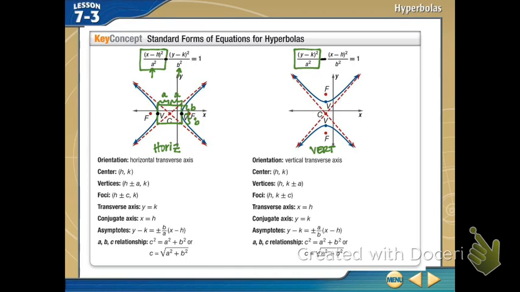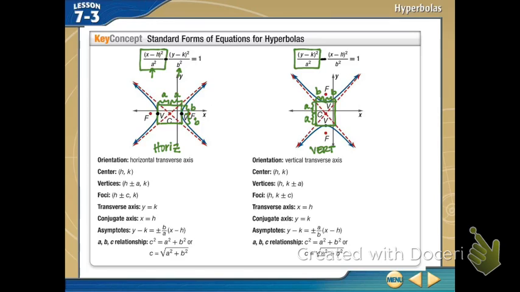Same thing if the box opens up vertically, we're still going up a spaces to the vertex and down a spaces to the vertex on the bottom, right? And then as we're drawing our box, it's going to go b spaces out. So the box size is 2a by 2b.